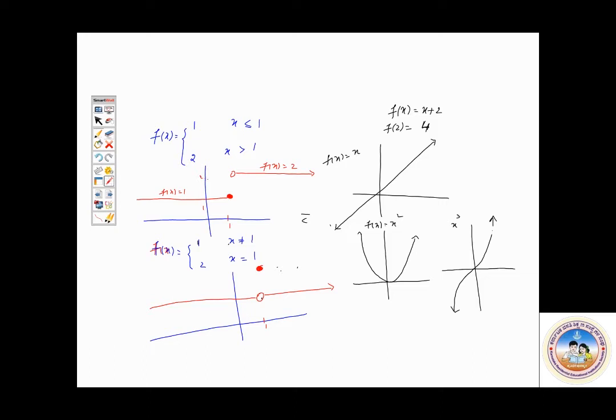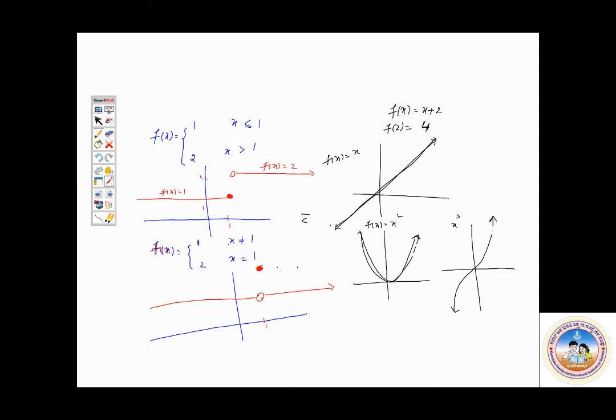In these three cases, while drawing the curve, I have not lifted the pen. In this case also, there is no requirement for lifting the pen. Whereas to draw this graph, up to 1 I have not lifted, at 1 I have lifted. Here also up to 1, at 1 we lift, and then after 1 we have not lifted.